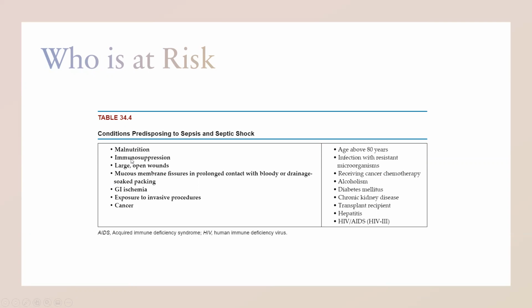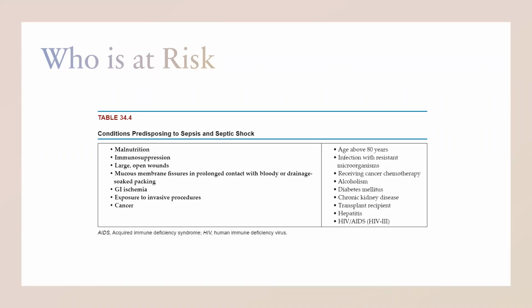So nutrition, as we all forget about nutrition often, but early nutrition is key, right? Malnutrition doesn't allow for wound healing, for strength, fermentation, everything. The gut is put at risk for infection. So malnutrition, somebody who's anorexic, cachectic, who do you think of? An elderly patient, a patient who's receiving chemotherapy, any type of patient that's malnourished, HIV, AIDS patient, anything with immunosuppression, large open wounds, obviously mucous membranes and fissures, any GI ischemia, right?